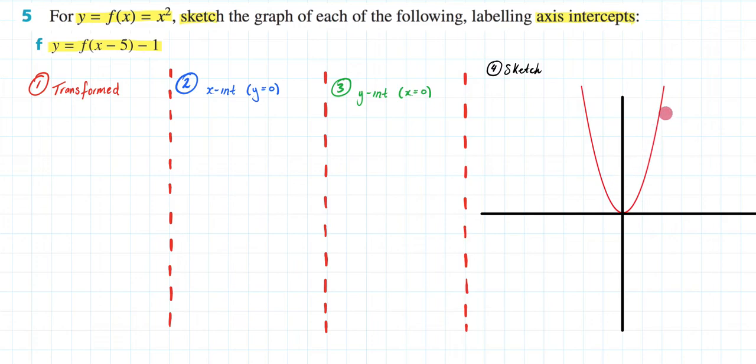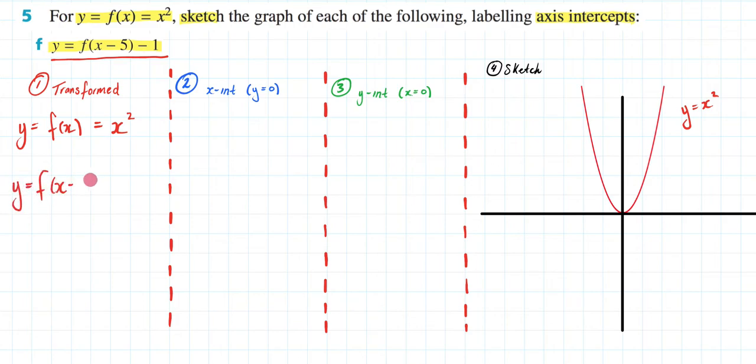As you can already see, I've already sketched in y equals x squared. The reason why I've done that is because they've told us in the question that y equals f of x equals x squared. Perfect. We are then told that y equals this, so let me now write that down. Y equals f of x minus 5 minus 1.